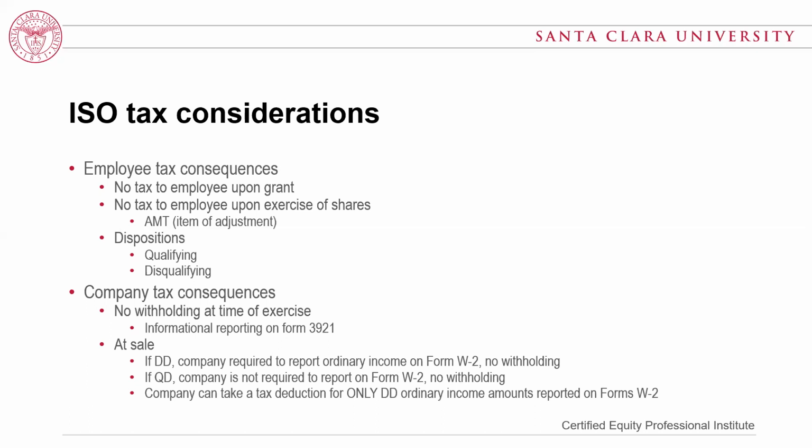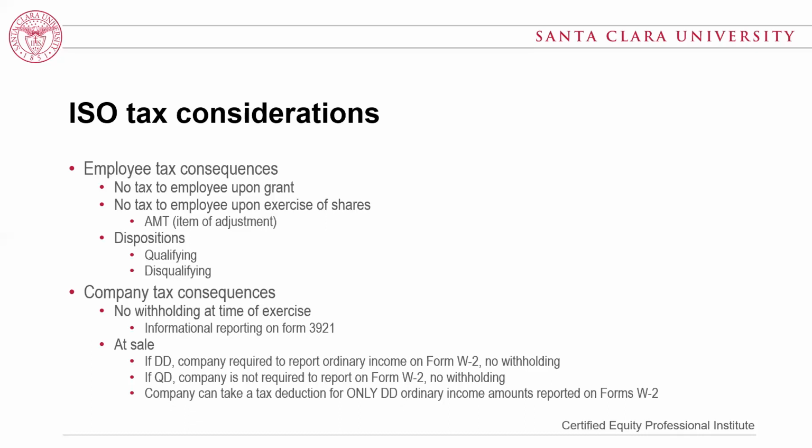So the employee still does benefit from a deferral of the tax point, but there is ordinary income as well as capital gain or loss, which would be any change in the fair market value between the exercise date and the sale date.